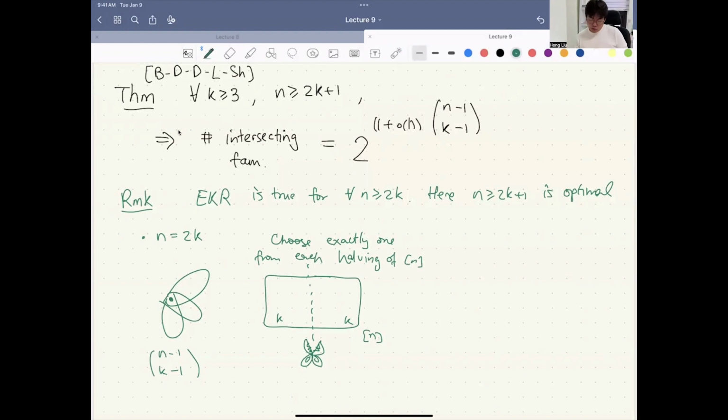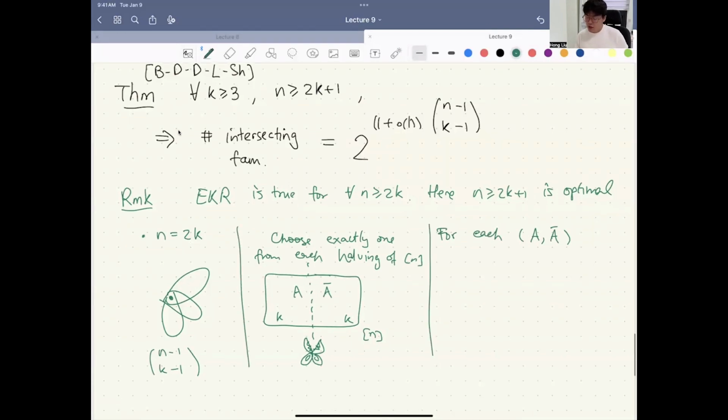Now you have this pairing. For each such complementary pair, we have three choices to build an intersecting family.